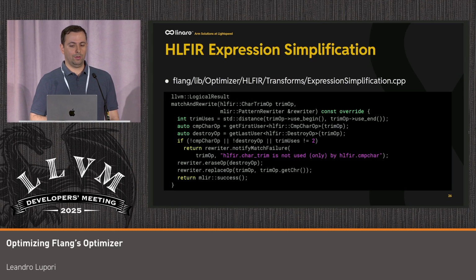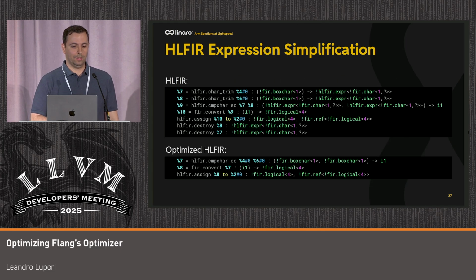And here's the core of the code that performs this transformation, but I'm going to skip it and focus on the HLFIR before the optimization and after the optimization is applied. It's possible to see that both char trim operations were removed and also the destroy operations were removed in the optimized version.